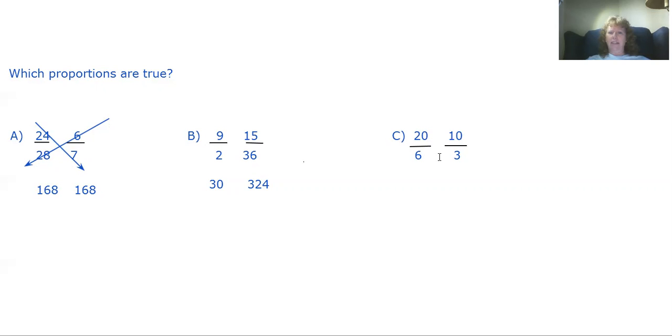If we had 6 and divided by 2, we would have 3. So those would be equal to each other. Another way to look at it is 10 is half of 20, and 3 is half of 6. So if the same thing is done to the top 2 numbers that is done to the bottom 2 numbers, then those are equivalent, and so the proportion is true.